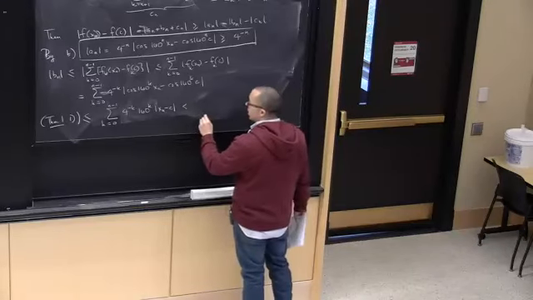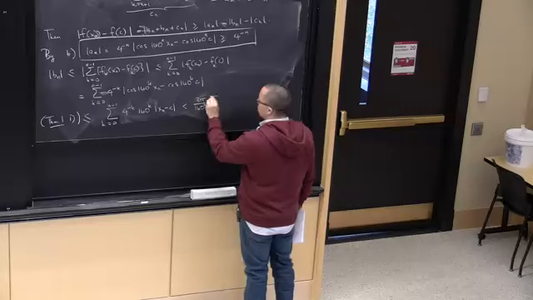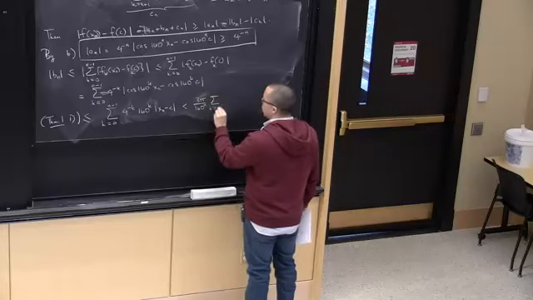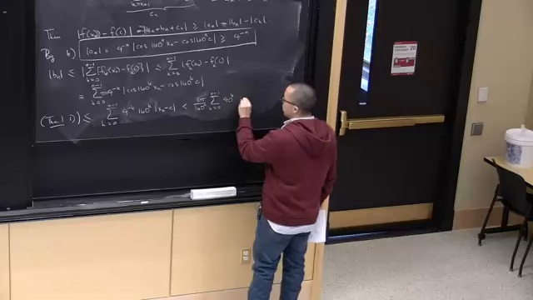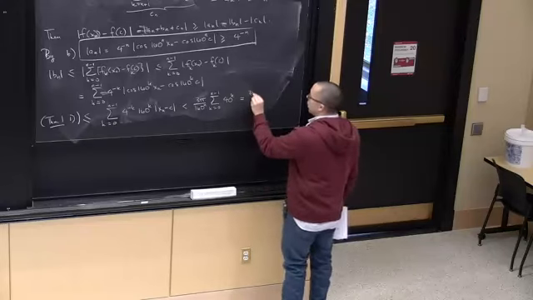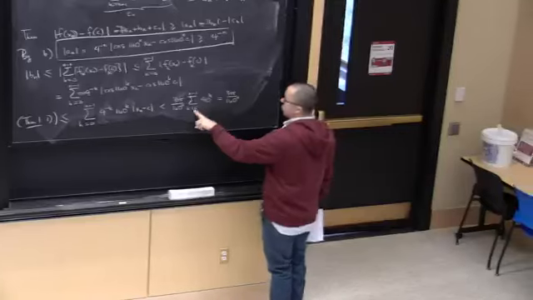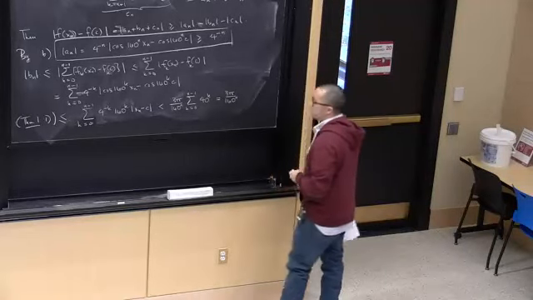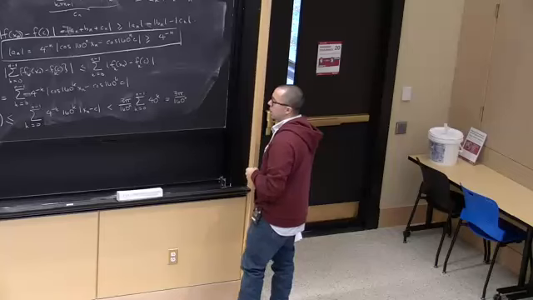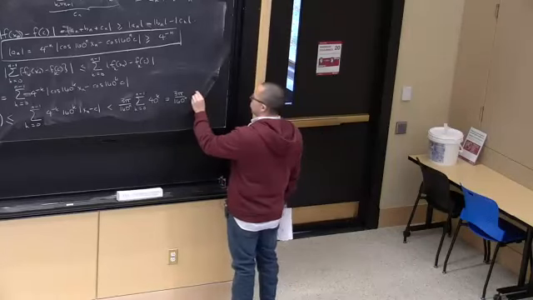So this is less than the sum from k equals 0 to n minus 1 of 40k times 3 pi over 160n. Now, for the sum from k equals 0 to n minus 1 of 40k, we use the formula for summing a geometric sum.